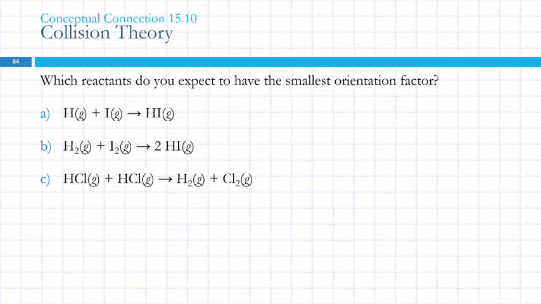Not much, right? Because they're going to look something like this, and you've got this other one. And so pretty much any way they bump into each other, you're going to get a hydrogen and an iodine running into each other, right? But what about this one? That's more complicated.